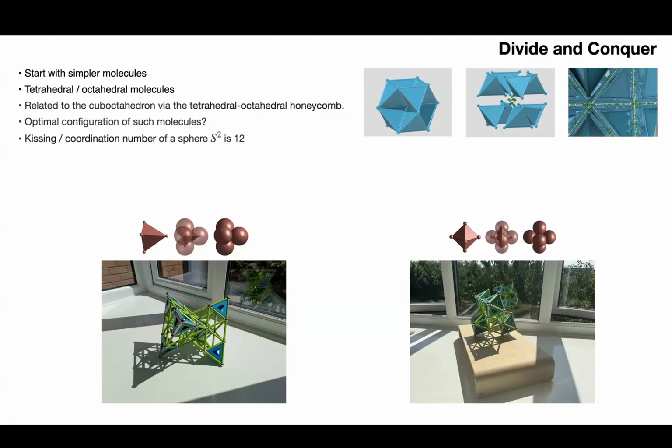This is the face-centered cubic lattice, which we know is the densest packing possible. Every ball of this structure has a maximum of 12 neighbors, which is the kissing number.